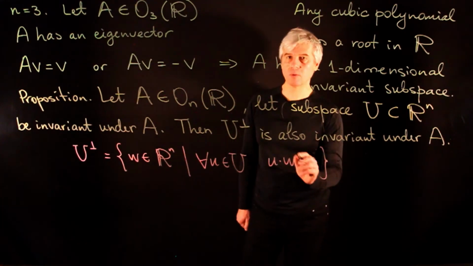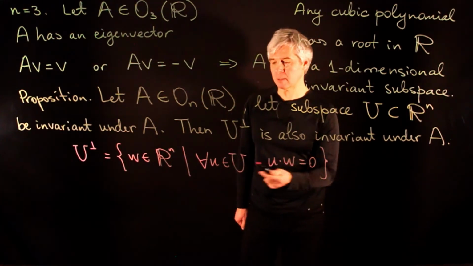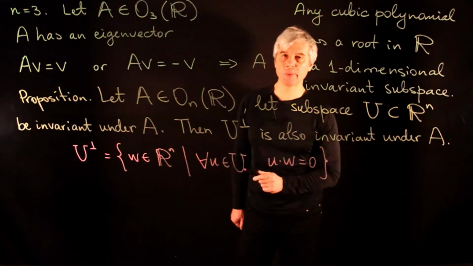So it's the set of all vectors that are perpendicular to all vectors in the subspace U.